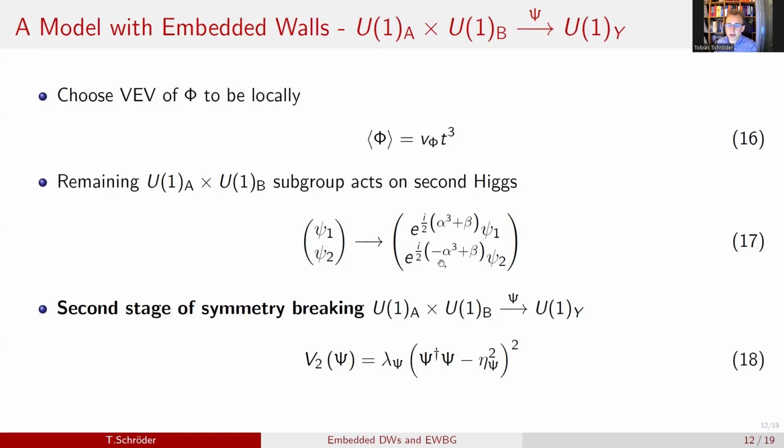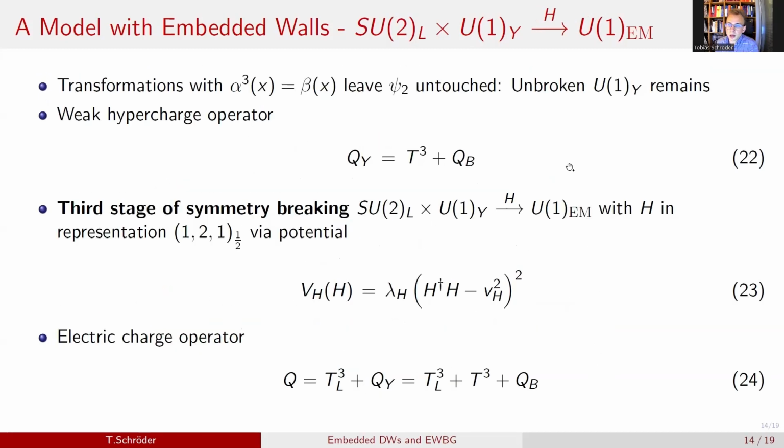Therefore, we have a diagonal subgroup which leaves psi2 untouched and is therefore unbroken. The unbroken U1 subgroup can be identified as the symmetry group of weak hypercharge with a corresponding weak hypercharge operator, which is simply the sum of the charge under U1B symmetry and the unbroken generator of the SU2A symmetry.